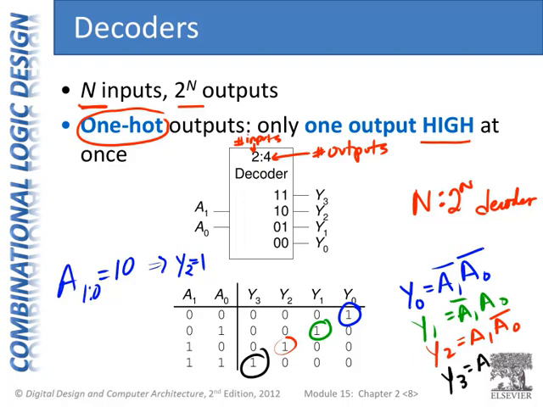Y3 is A1 and A0. And so we could use our gates to easily implement those values. You'll notice that Y0 is really minterm 0. Y1 is minterm 1. Y2 is minterm 2. And Y3 is minterm 3.